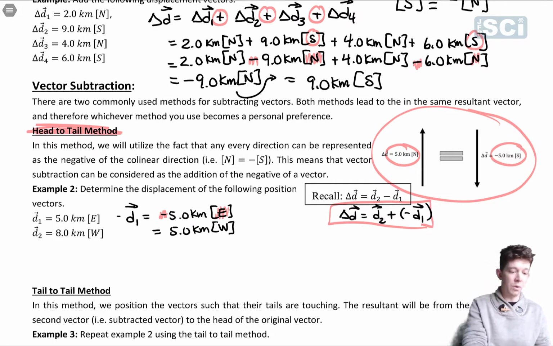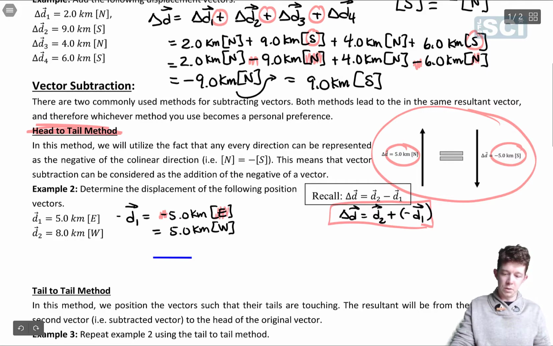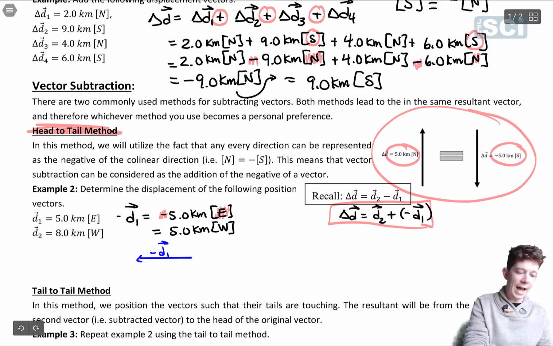Okay, so let's go ahead and draw what we have here. D1 was 5 kilometers west. So I draw 5 kilometers west, and I'm just going to put a vector head on it. This is negative D1. And on the end of it, I'm going to add D2.